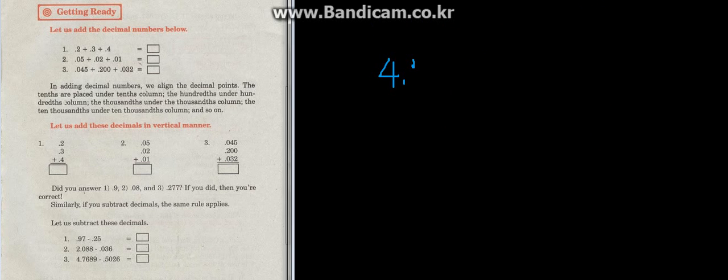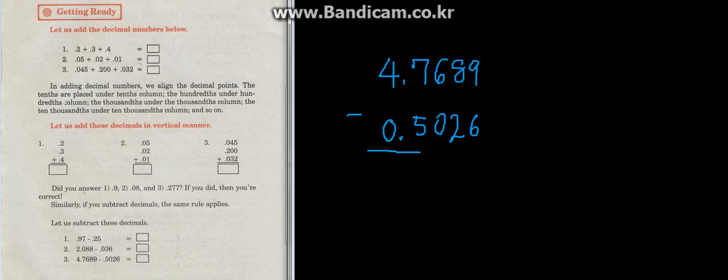I'll go to the next set of numbers. We have 4 and 7,689 ten thousandths minus 5,026 ten thousandths. So here, as you can see, I also wrote them down aligned according to decimal points.